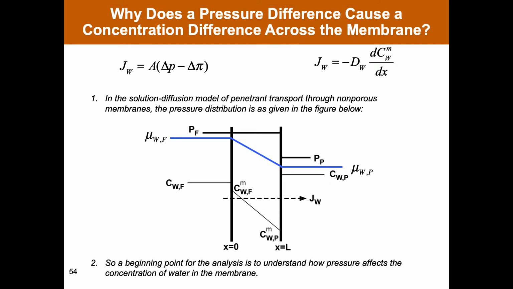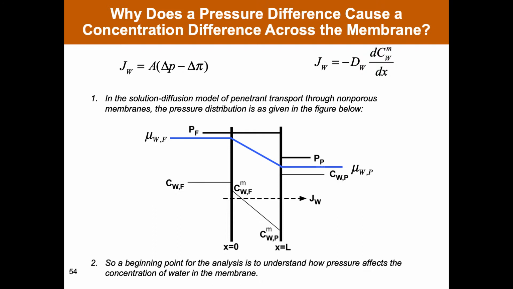And so the way we will come to understand how we get to this performance equation, which is ubiquitously used to describe water transport across desalination membranes, how we get to here, starting from just Fick's law diffusion of water through the membrane.